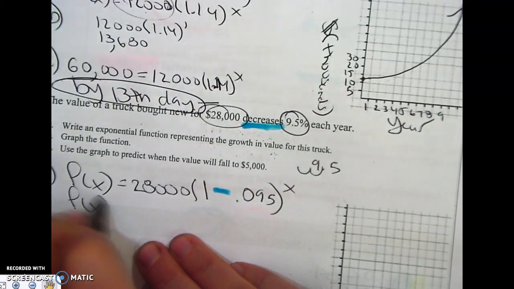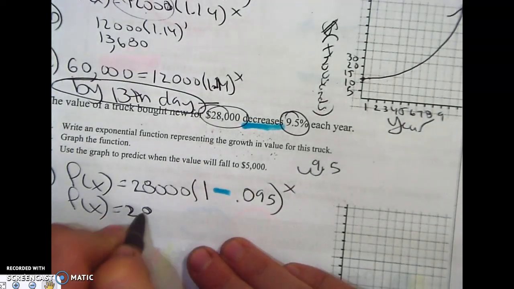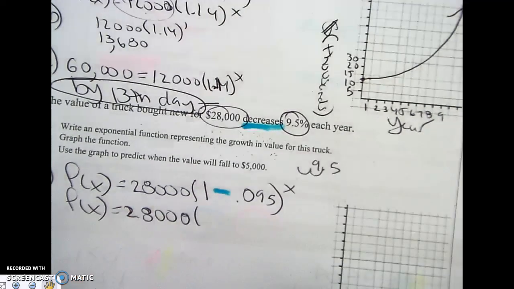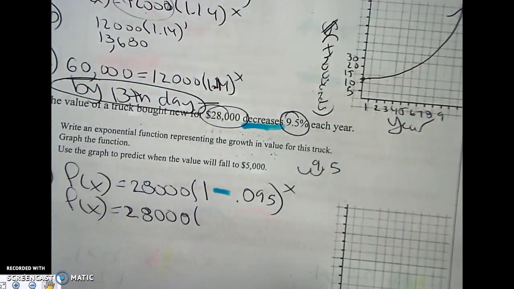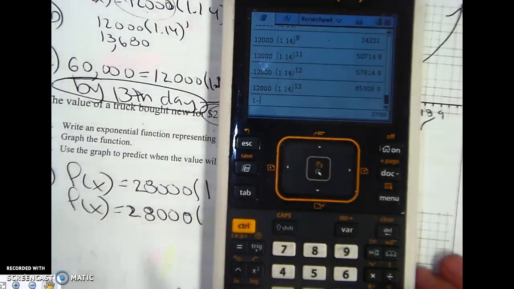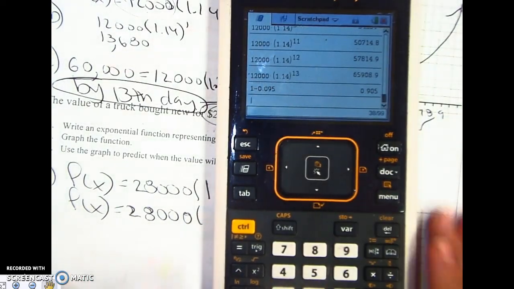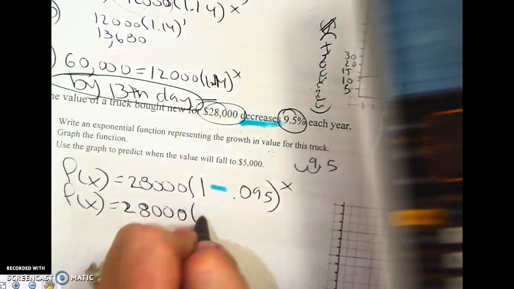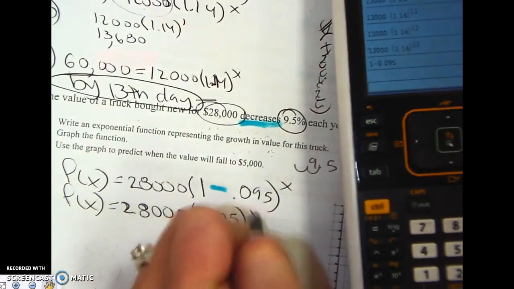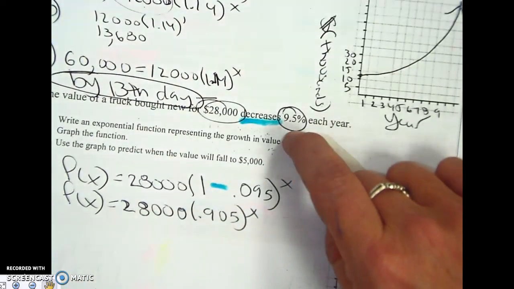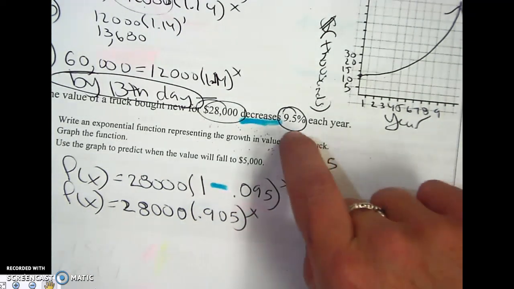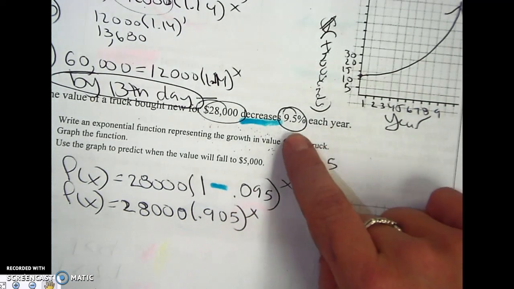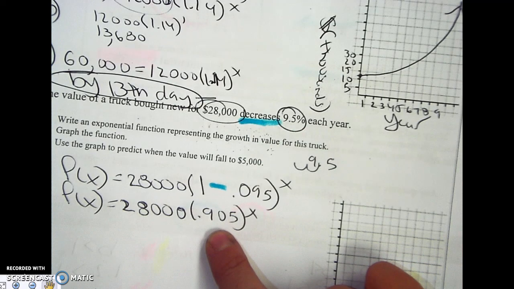If I was to simplify that in my calculator, which I can do, I will go 1 minus 0.095, and I get 0.905. Now, what I'm hoping some of you can do is go, hey, if I have 100% and I take away 9%, I'm at 91%, and I take away another 0.5%, I'm at 90.5%.